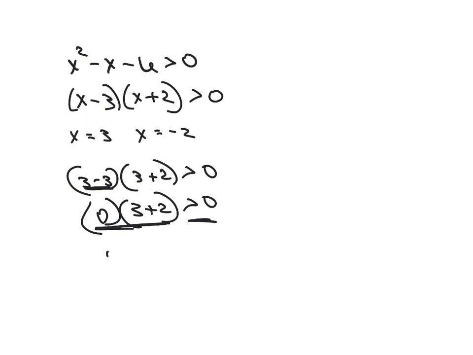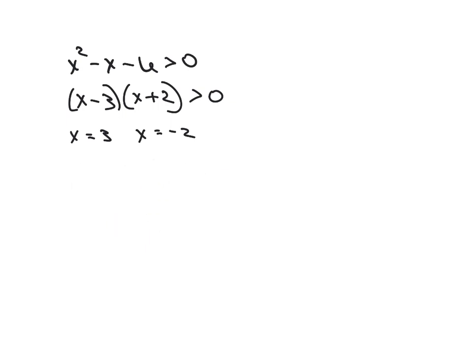No, because 0 times 5 is equal to 0. It's not greater than 0, but we at least know our starting point, okay? Because any number bigger than 0 is going to make this a true statement.